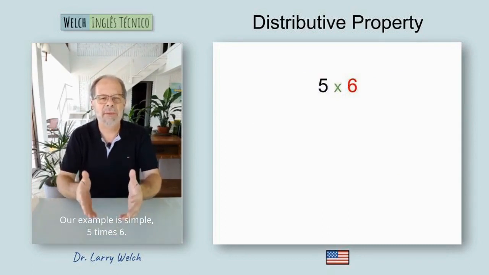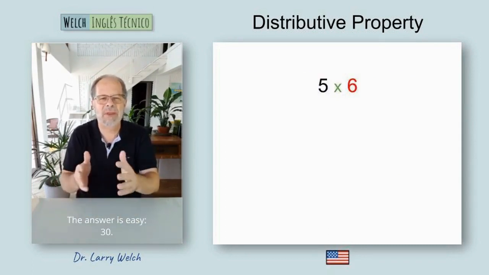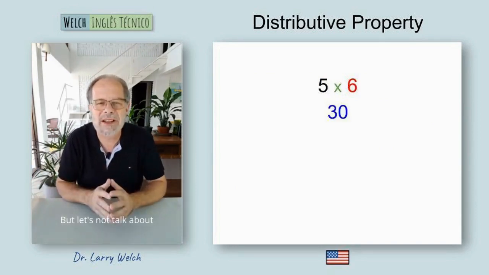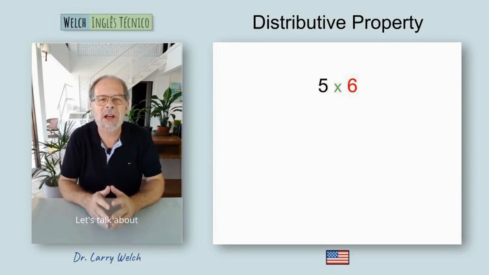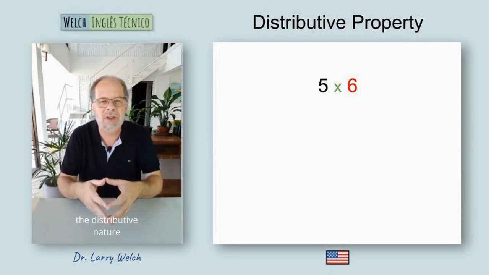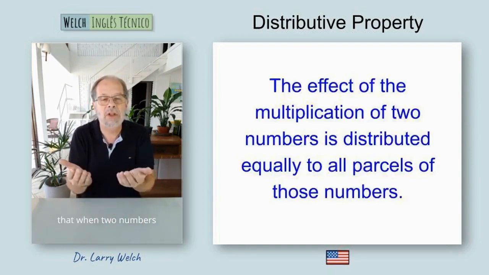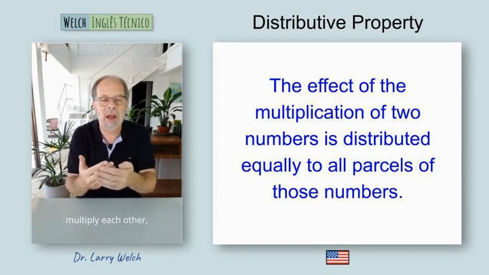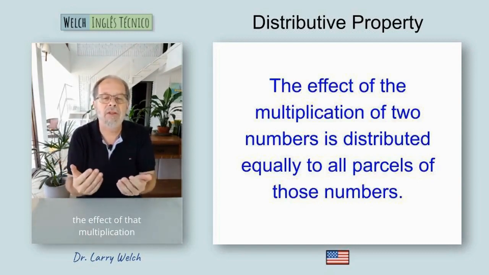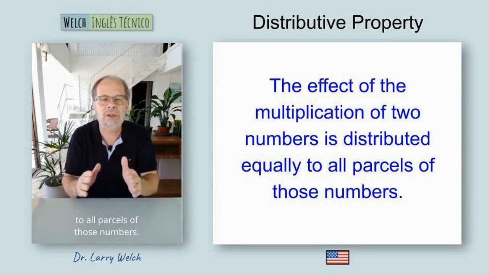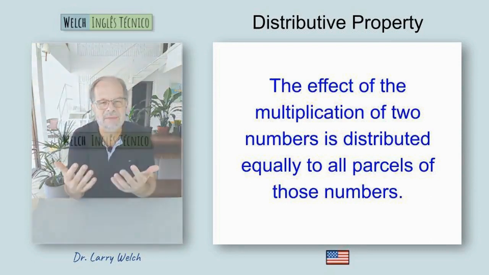Our example is simple, 5 times 6. The answer is easy, 30. But let's not talk about the answer right now. Let's talk about the distributive nature of multiplication. This property says that when two numbers multiply each other, the effect of that multiplication is distributed equally to all parcels of those numbers.